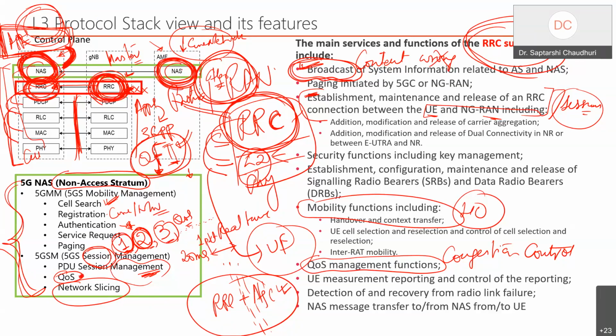First he has to get access, and then session management takes care of ensuring that whatever quality of service the UE demands, the core network adheres to it. This is the big thing that happens between the device and the core network, because the base station doesn't play any role here. The base station comes in a second role, which I'll talk about.